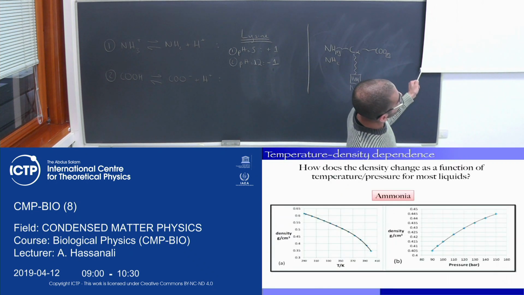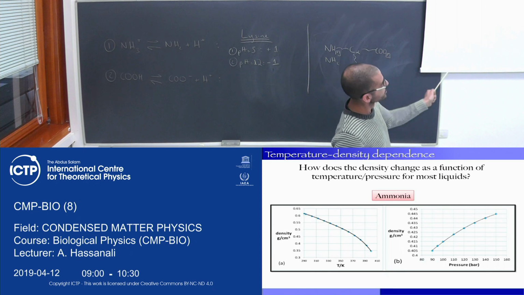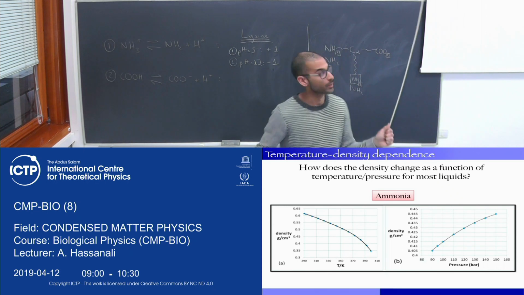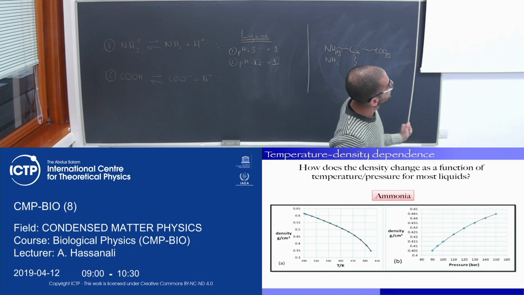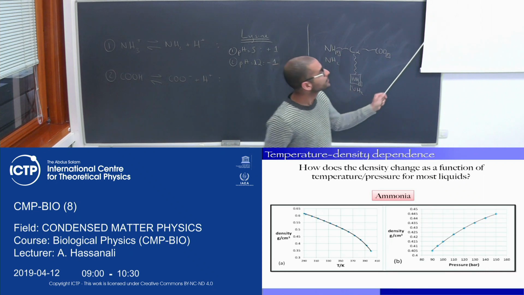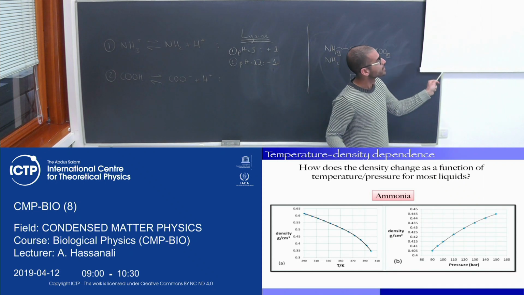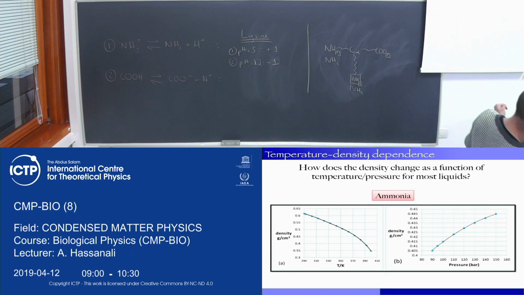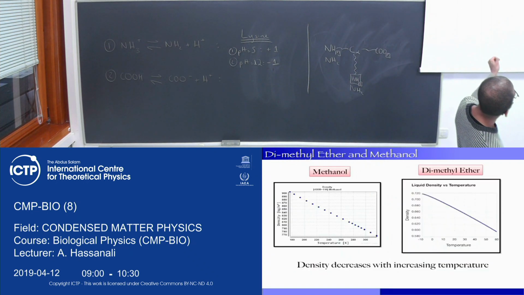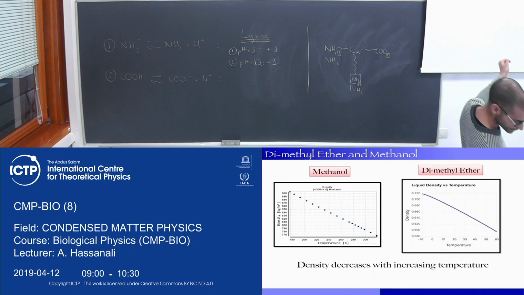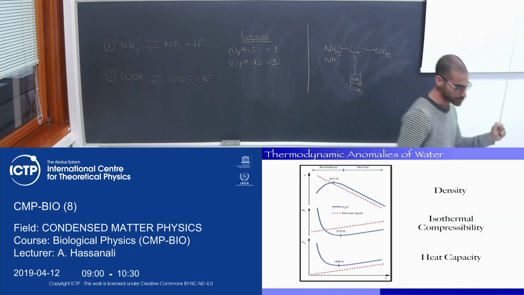Okay, this is how the density looks as a function of temperature for a standard liquid like ammonia, I think, yes. Most liquids, if you look at the density, it decreases. Methanol, dimethyl ether, but water is special.